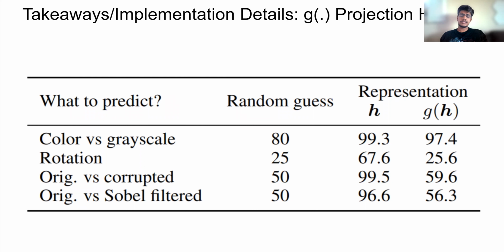Oh yeah, and here is the reasoning as to why they use the projection head, the G function. The intuition that the author gives is that if you were to do the contrastive learning using just H, you would need to maximize the agreement between two representations.